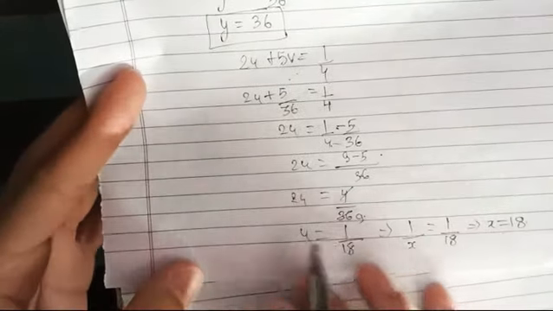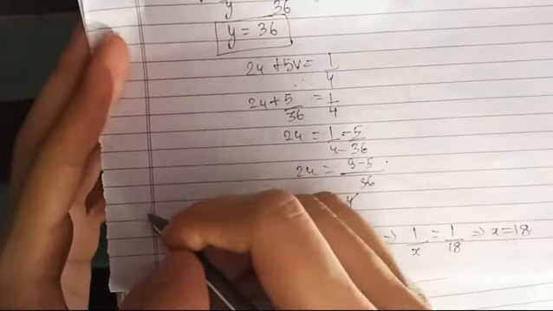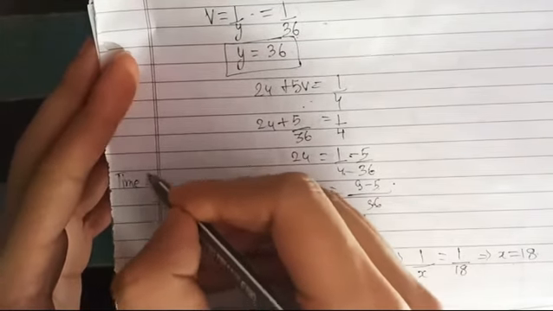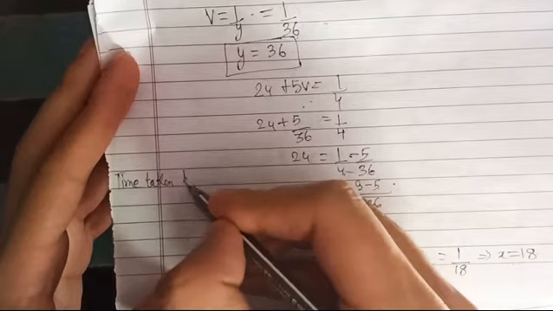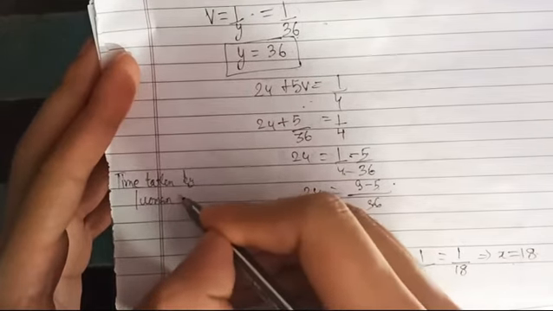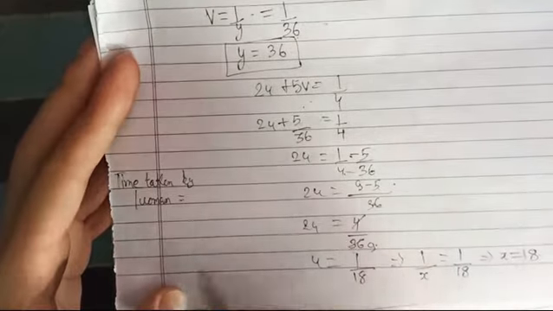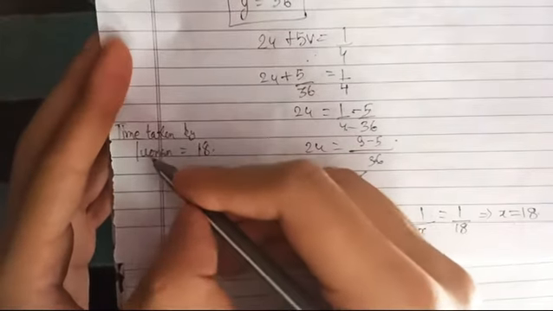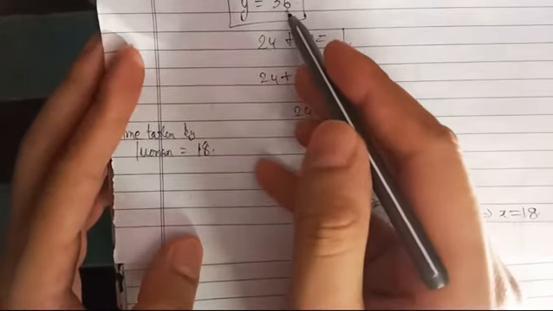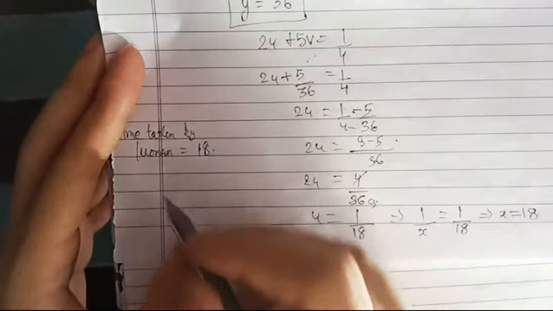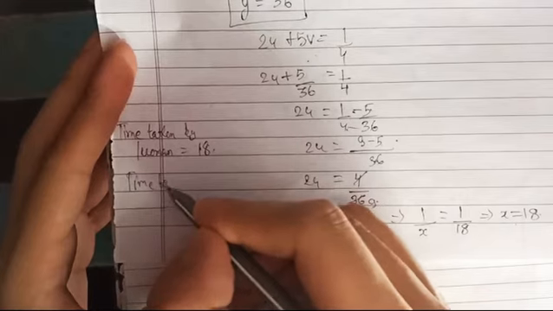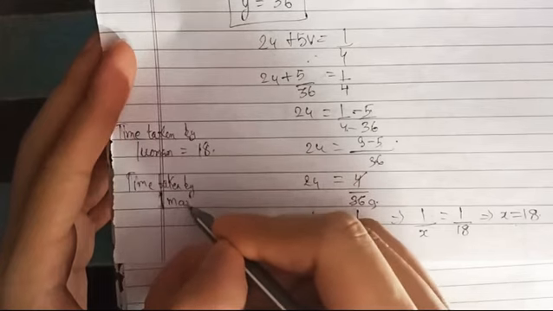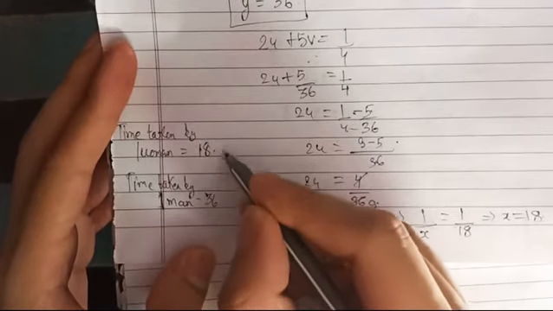So in the end, we write: the time taken by one woman to finish the work is 18 days, and the time taken by one man to finish the work is y equal to 36 days.